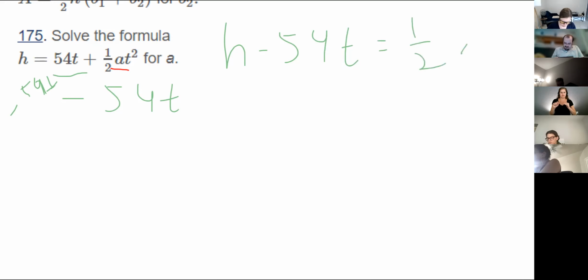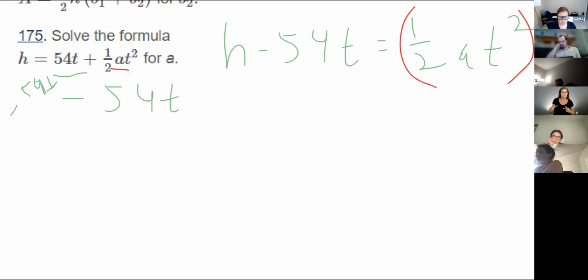Yeah, and I think the other person was saying that they got this far probably, but they weren't sure what to do with that t squared. Personally, I would probably deal with that 1/2 right now. And if we do that, I think it might make it easier to deal with that other part. So if I want to get rid of that half, what's the operation? Multiply by 2.